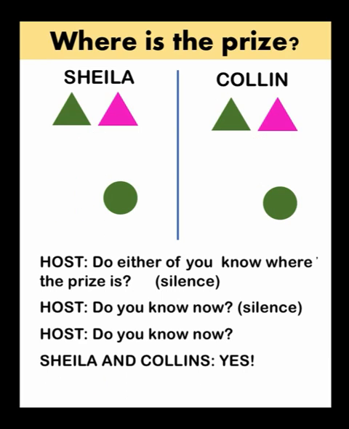Next step, the host then asks, "Do you know now?" And still there's silence. So from the point of view of Sheila, who knows the shape, and there are only 2 shapes here, if the correct answer is a circle, Sheila would have known the correct answer already because there is only 1 circle here. But she was silent. So this green circle must be the wrong answer.